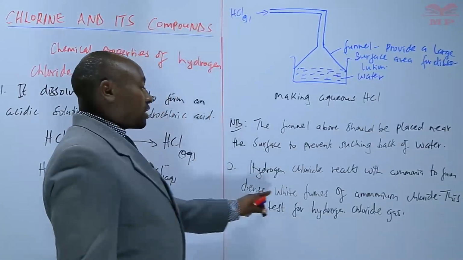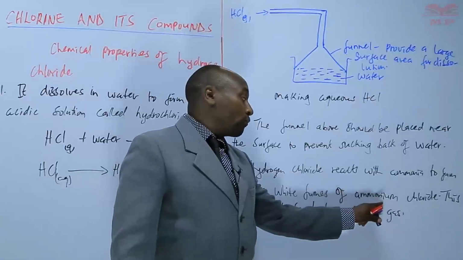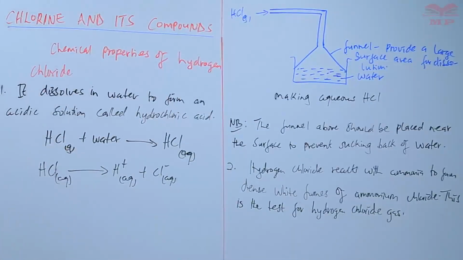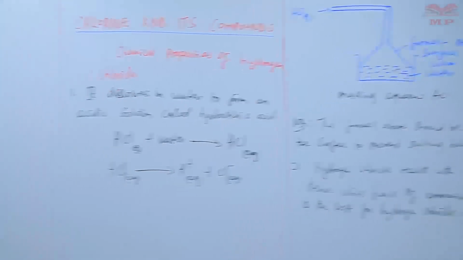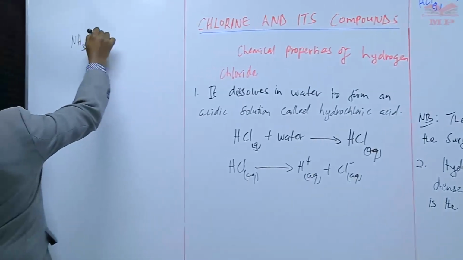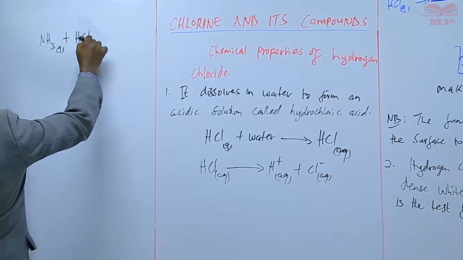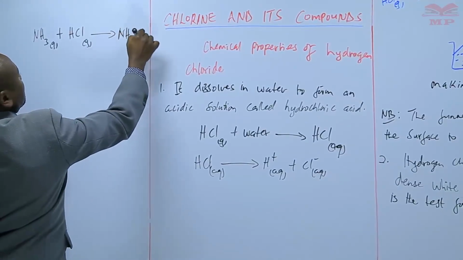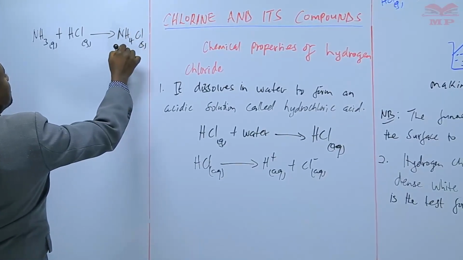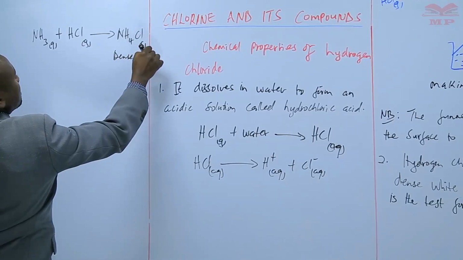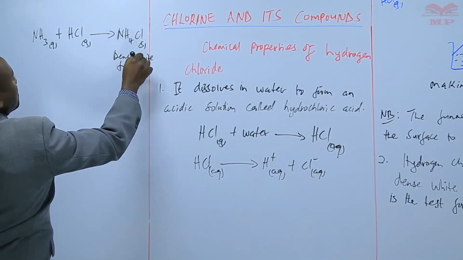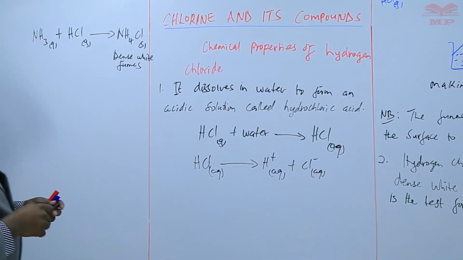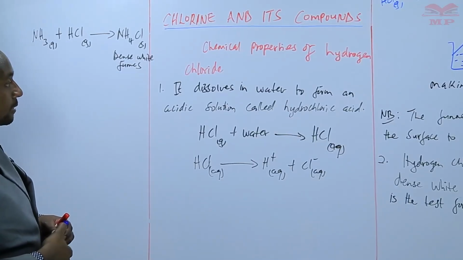Those dense white fumes are as a result of the formation of ammonium chloride. So we have ammonia gas plus HCl gas, they form ammonium chloride. And this is what you are calling dense white fumes. Very heavy fumes of ammonium chloride.